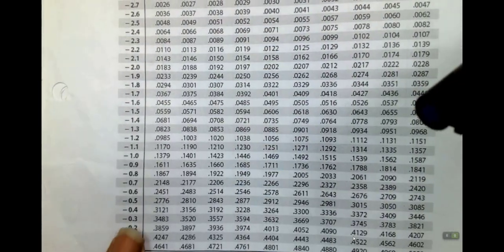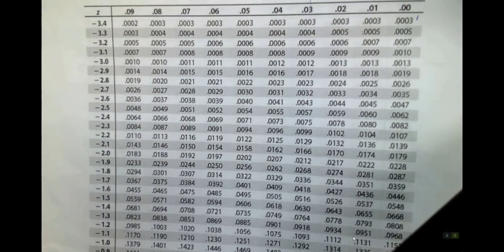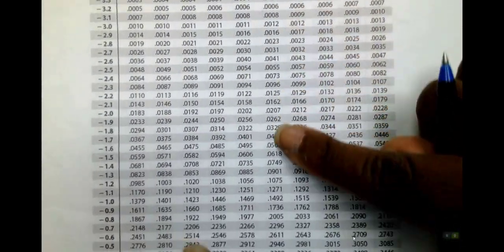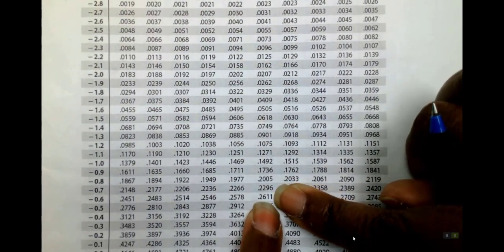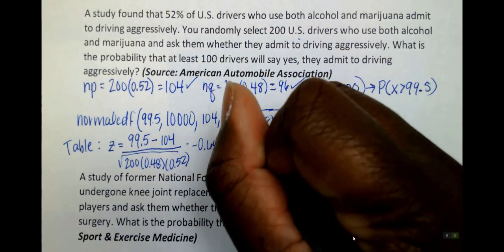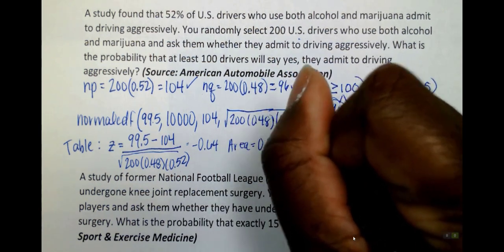So this is a negative 0.6. There's the 4. 0.2611. So area or probability is 0.2611.